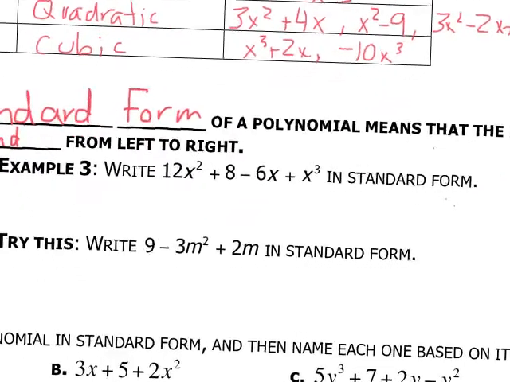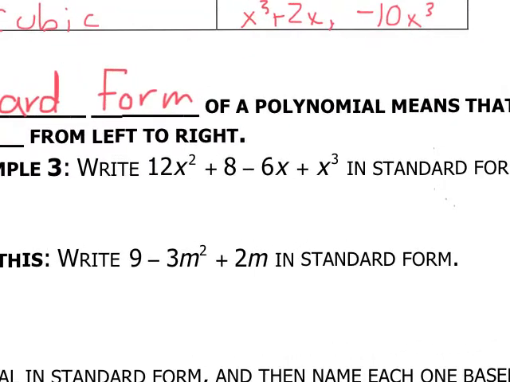So if I wanted to write example 3 in standard form, I would just put the highest exponent first. I see my highest exponent of 3 here, so I put that term first, x to the third. Next highest exponent would be 2, so plus 12x squared. Next would be minus 6x, because that's an exponent of 1, and I take the sign with it. And then my last term will always be just the number, because that's an exponent of 0. There are no variables with it, so plus 8.